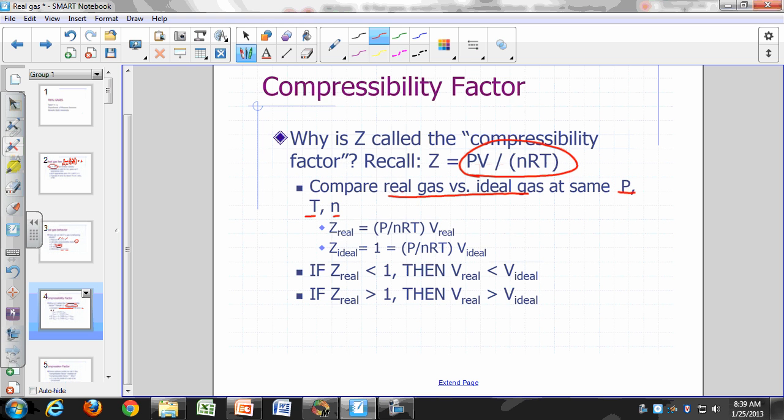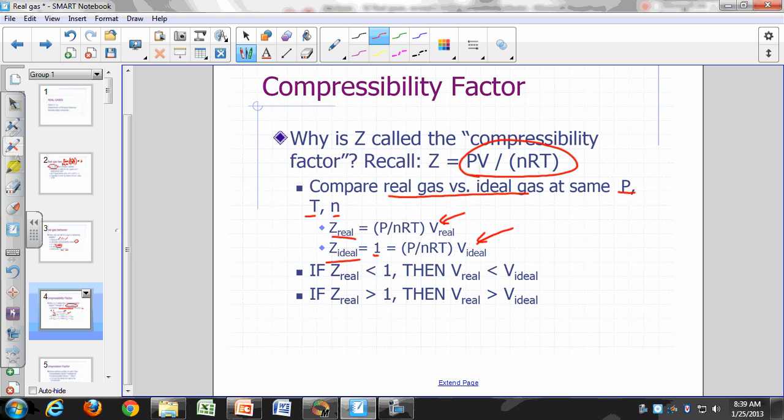So, Z for a real gas would be PV over nRT, and the V that we use here is the real volume of the gas. Z for an ideal gas would be equal to 1, which is pressure times the volume if it's ideal, divided by nRT.